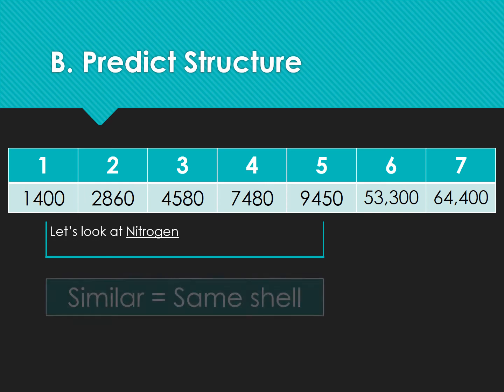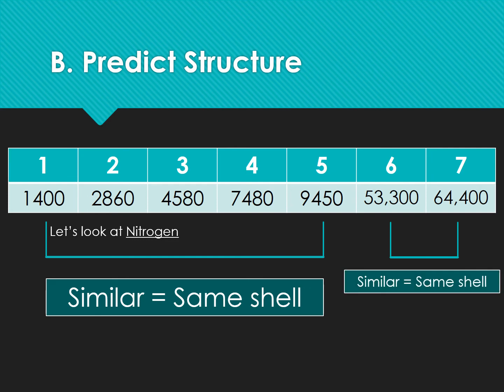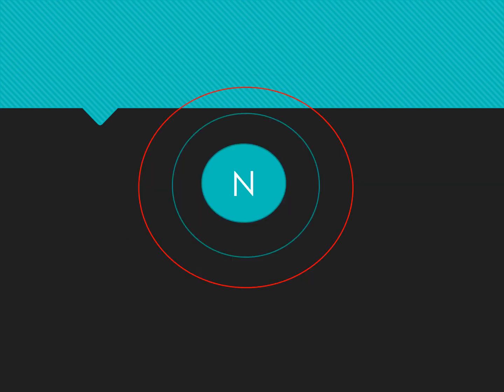So you can see they're in the same shell. And then there's a big jump from 5 to 6, and then 6 and 7 are in the same shell as well. That's why the jump isn't as big. So you have 5 outer electrons and 2 in the first energy level.